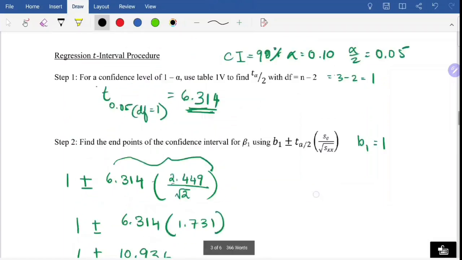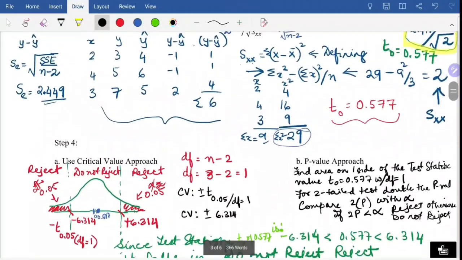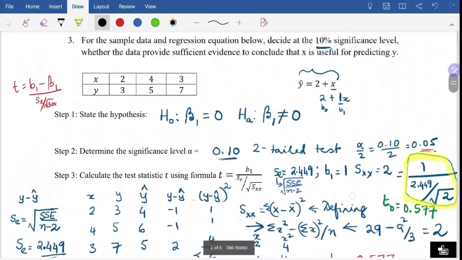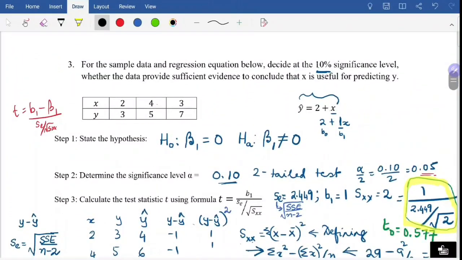Now, one other thing I just wanted to mention before I end this video solution: how did we come up with the b sub 1 value of 1? All right, from this equation over here, the sample regression equation was y hat equals 2 plus x.